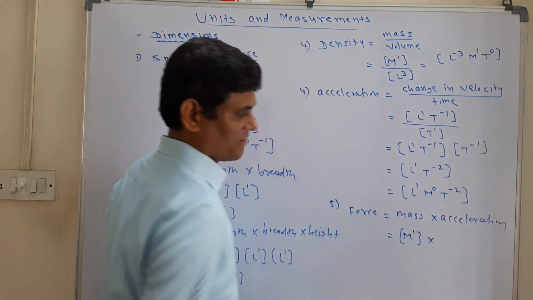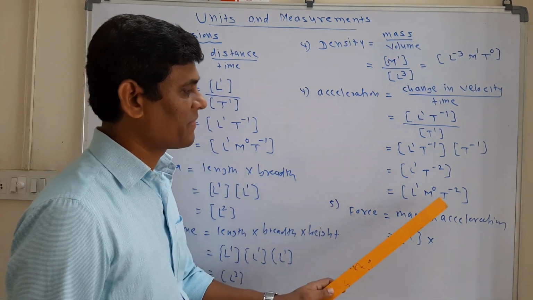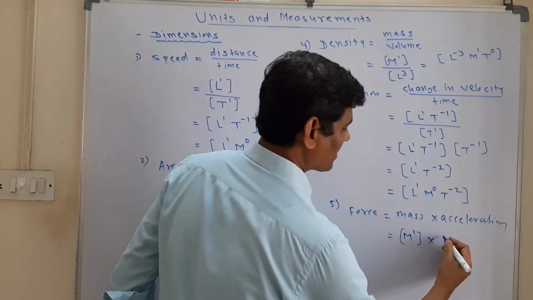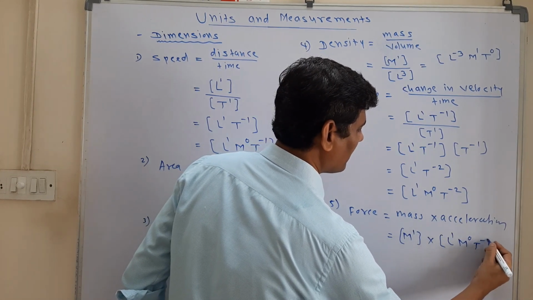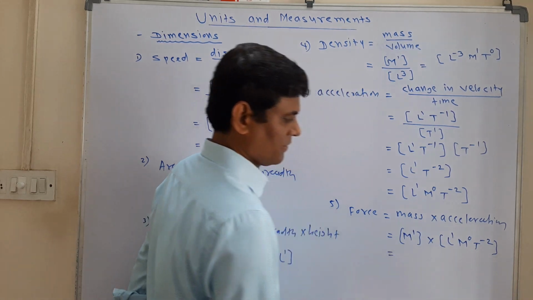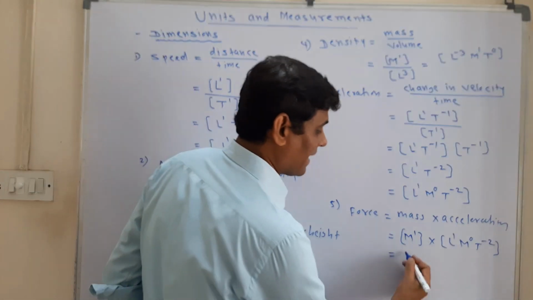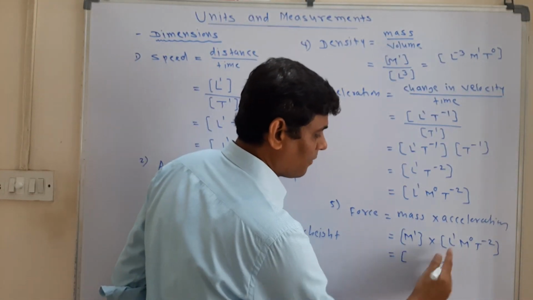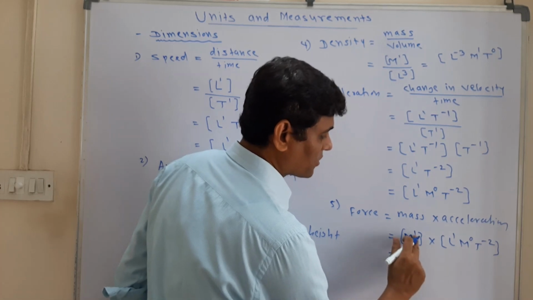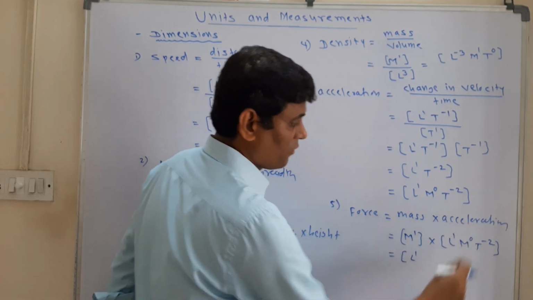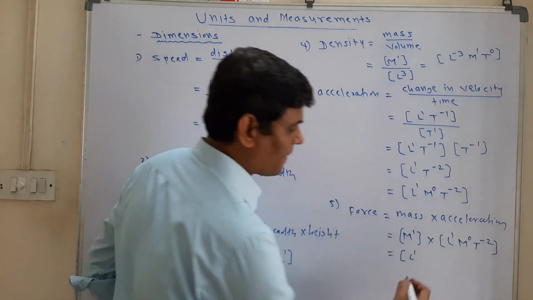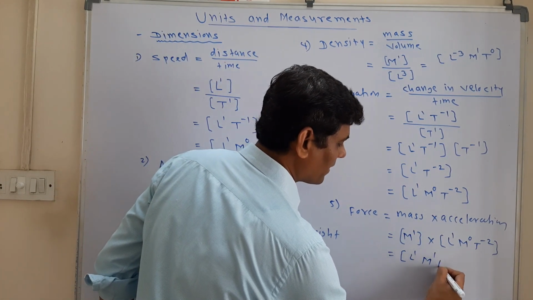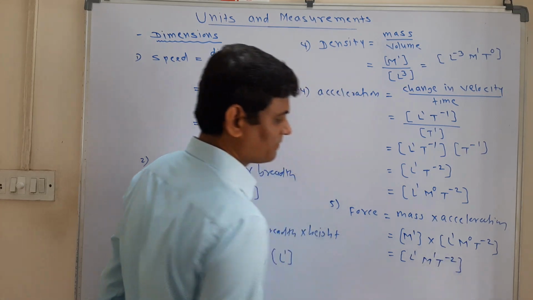The dimension of acceleration we already did here. So the dimension of acceleration is L1 M0 T minus 2. We'll write together now in one bracket. L1 as it is, M raised to 0 plus 1 is 1, M raised to 1, T raised to minus 2.